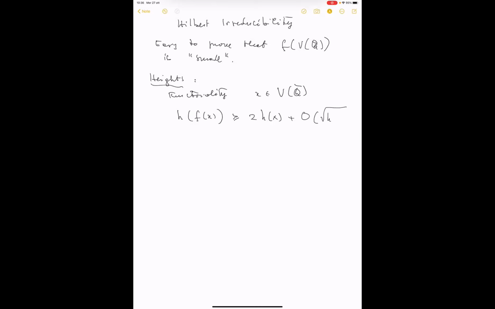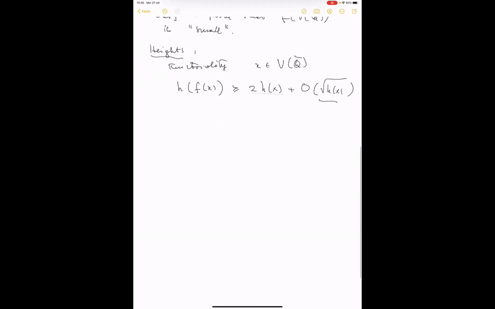The error term is, by a theorem of Néron, at most of the order of the square root. What is important is that this is small, and so essentially f increases the height. So if we want the height of the image to be less than t, then this implies that the height of x is at most 1/2 plus epsilon times t, for large values of the parameter.